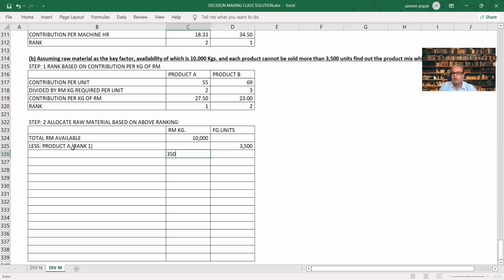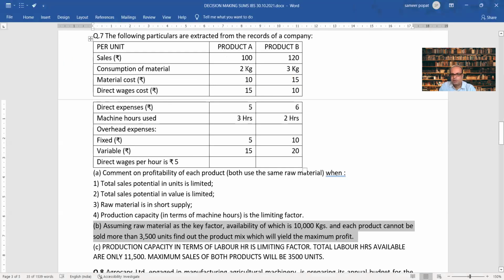Now each unit of A requires 2 kg of raw material.